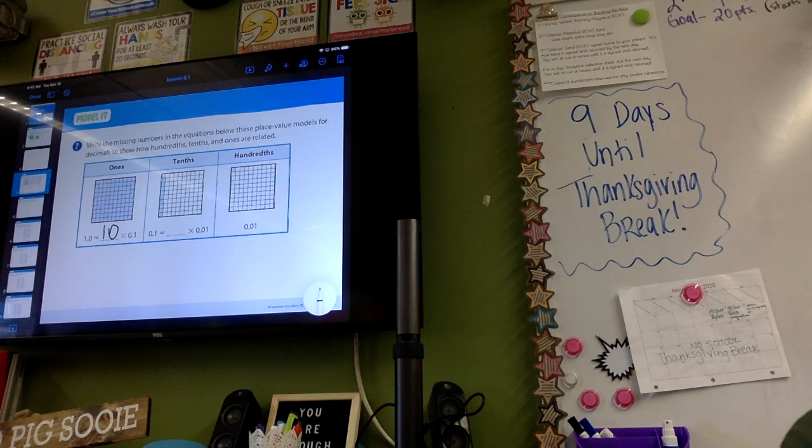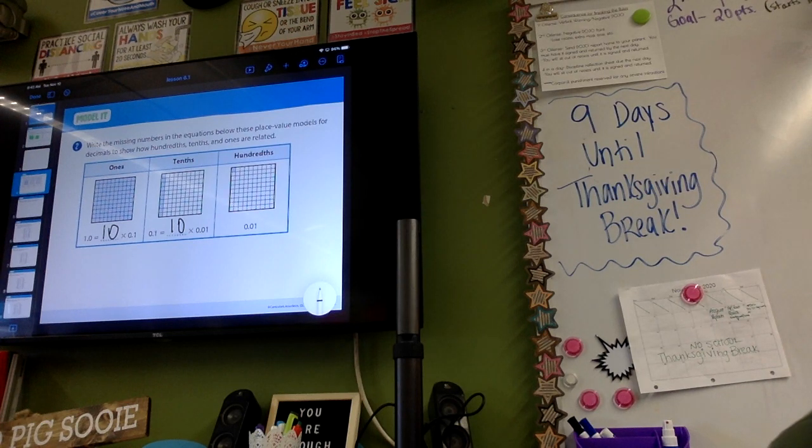Blank times 0.01 equals 0.1. And then you have 0.01. So we're going to do the same thing that I just did, except we're going to use decimals this time.